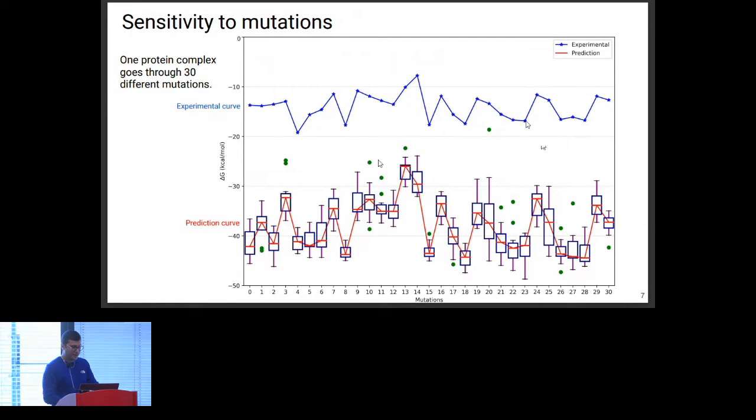So here we have a protein complex, which goes through 30 different point mutations at the x-axis. And the blue curve represents the binding affinity of each of these mutations, which is measured experimentally. And the red curve shows the predictions of the binding affinity.